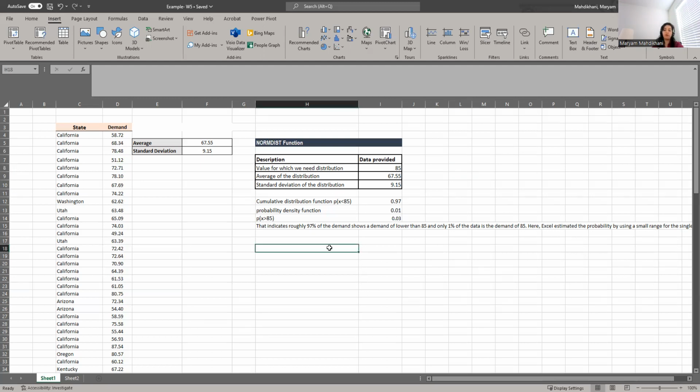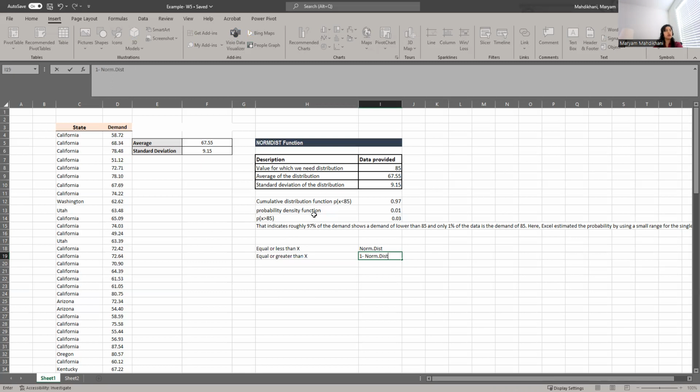If I say equal or less than x, you type equal NORM.DIST. If I say equal or greater than x, you type 1 minus NORM.DIST, then choose the x, the average, the standard deviation, and always choose TRUE.